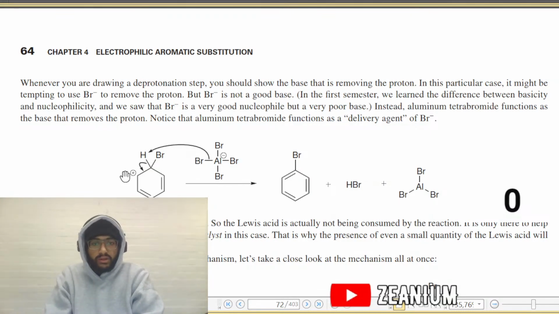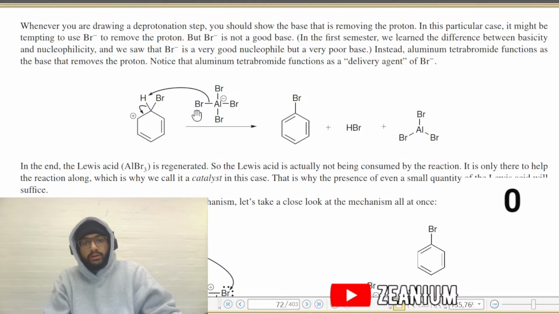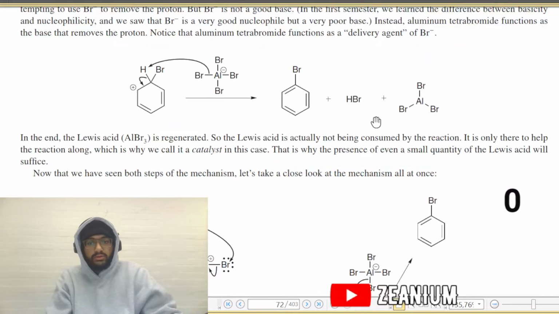Notice the aluminum tetrabromide functioned as a delivery agent of bromide. Okay, so we have aluminum tetrabromide here. The bond attacks the proton, which then hops to the positive charge, which then creates these products.